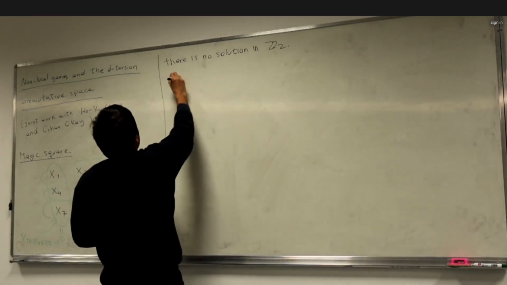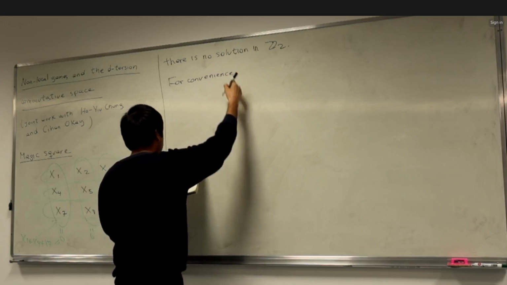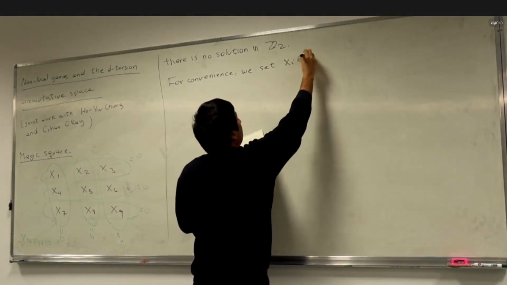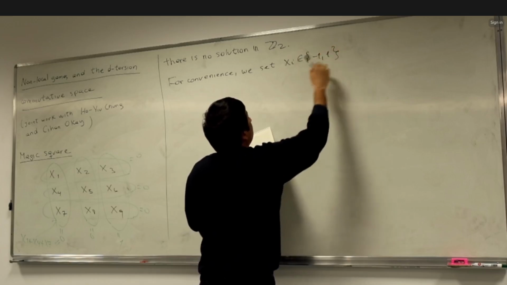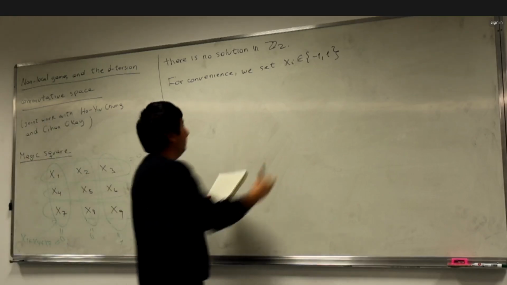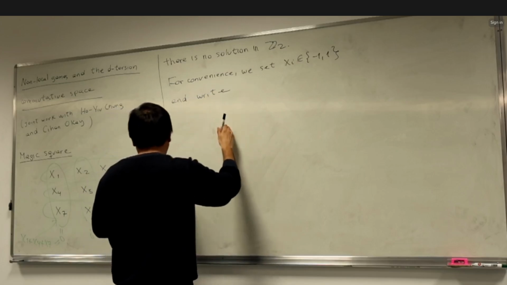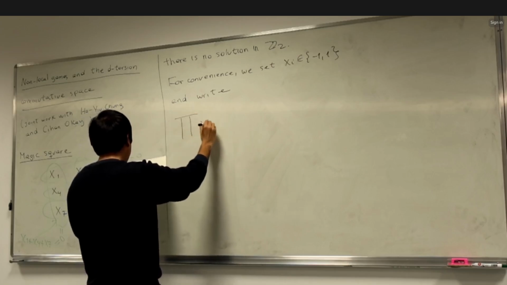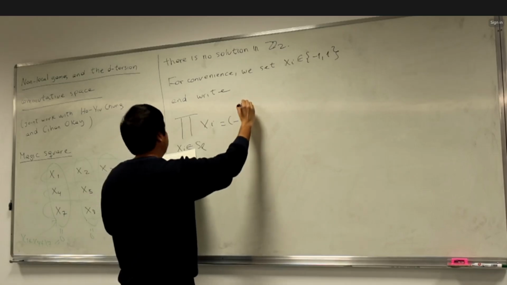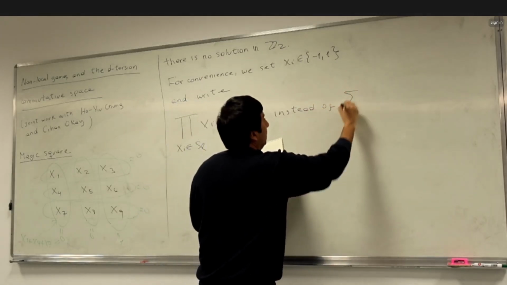For convenience, we set set mod 2 to now be -1 and 1, just for notation, and write multiplicatively instead of the additive notation.